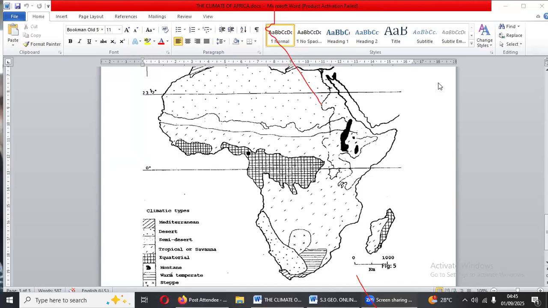We shall have secretaries, a boy and a girl, who will be noting down our points. Then we'll read out the points that will have been said by different students.